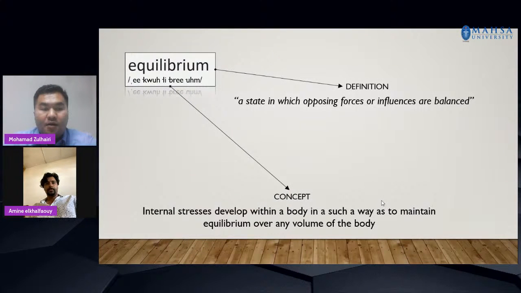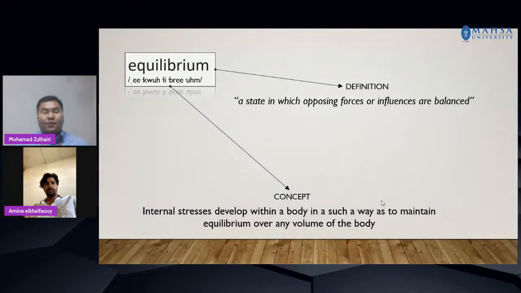So in solving most engineering calculations, we will use the equilibrium concept. Equilibrium is defined as the state in which opposing forces or influences are balanced. For example, you have the force from the x-axis and the force from the y-axis.